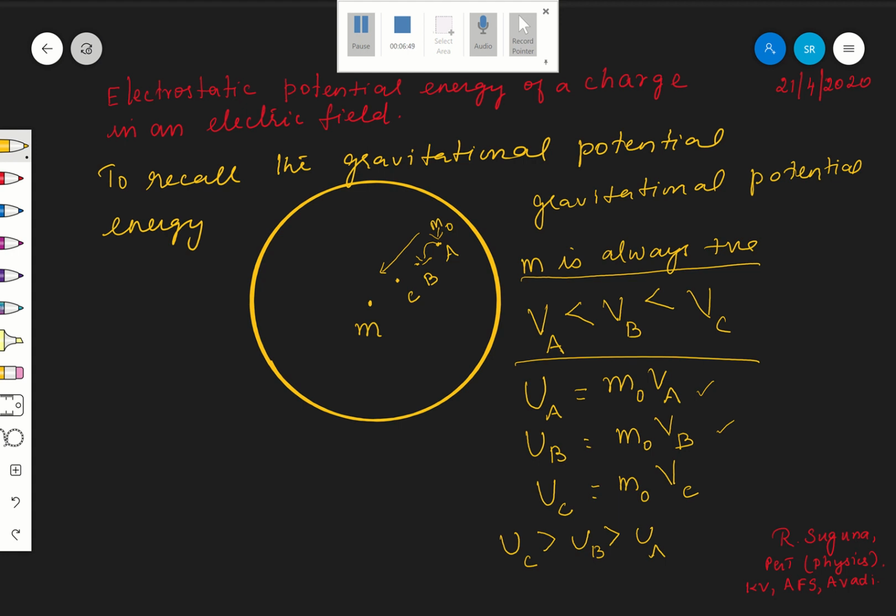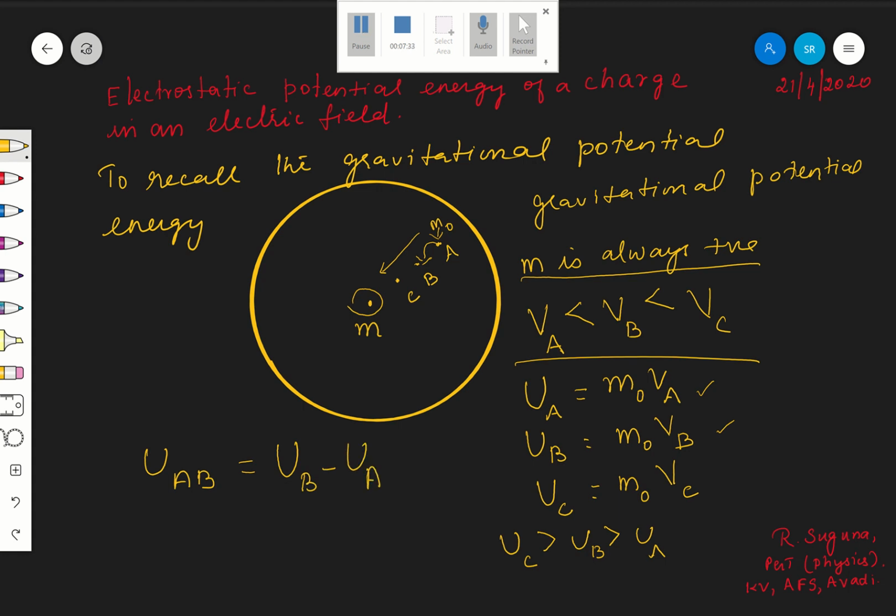What is the potential energy difference of the mass between the two points A and B? It is given by UAB. It is the potential energy difference of the test mass between two points A and B in the gravitational field produced by my source mass M. And UAB is equal to UB minus UA.